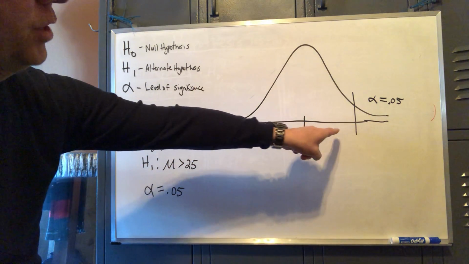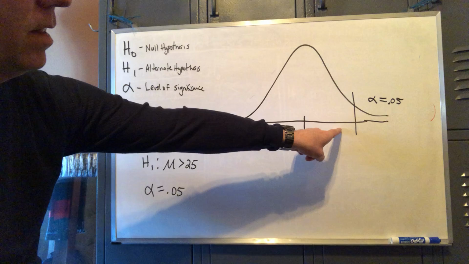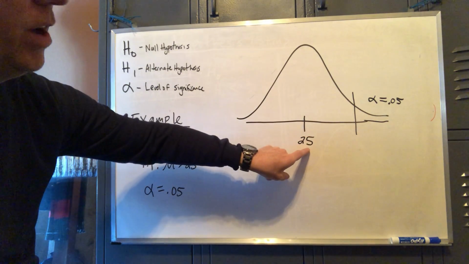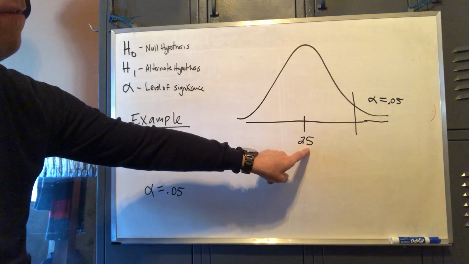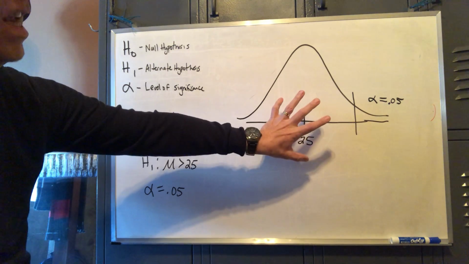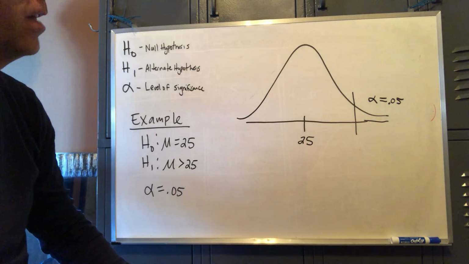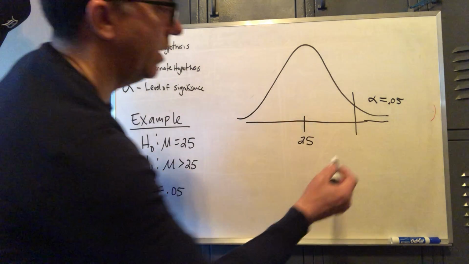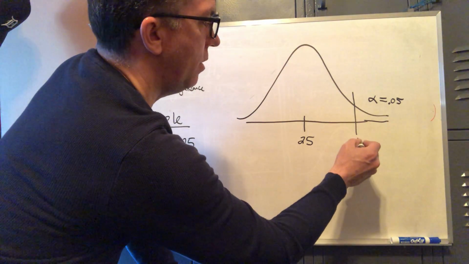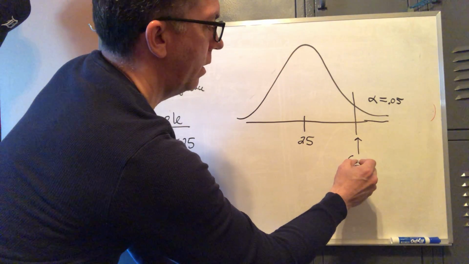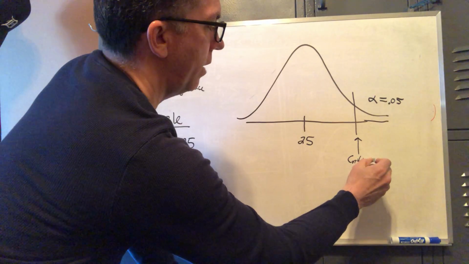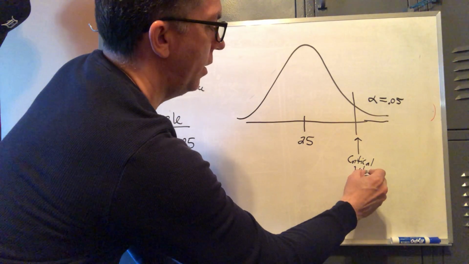If our sample ends up on the left side of that line, then we're going to say we don't have enough evidence to say 25 is not true. All right, we're just going to keep it. There's not enough evidence to reject it. Okay, so this critical value we'll have to find using our charts. That's a critical value. It will not be tough to do.